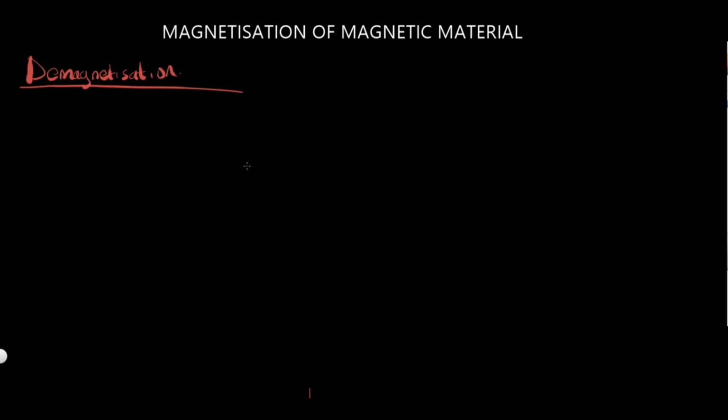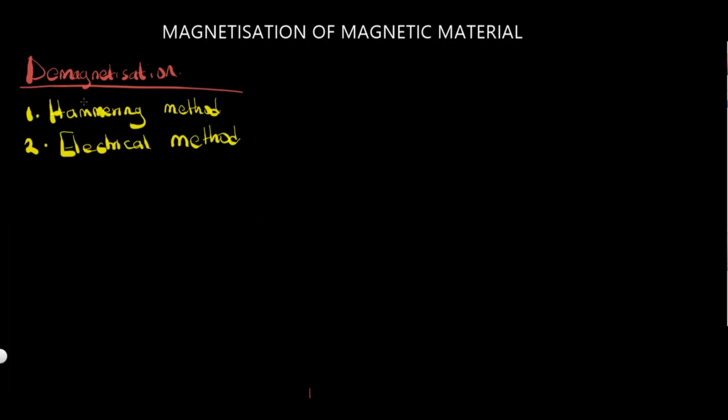One is the hammering method, and two is the electrical method. I want you to take note that these two methods are similar to the methods of magnetizing a magnet, but now the process is different. So let us start with the first one, which is the hammering method.